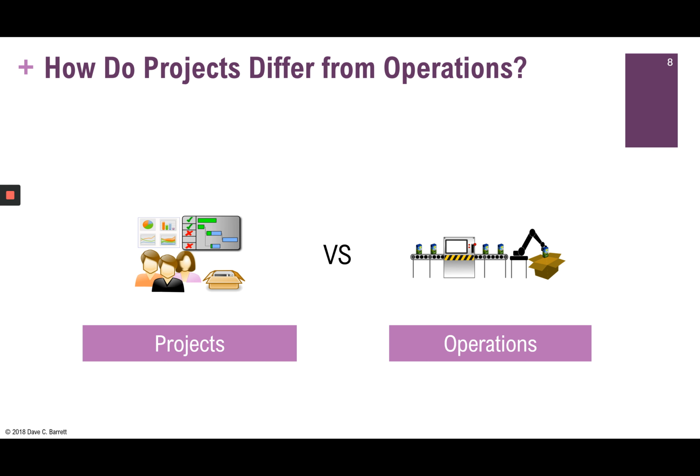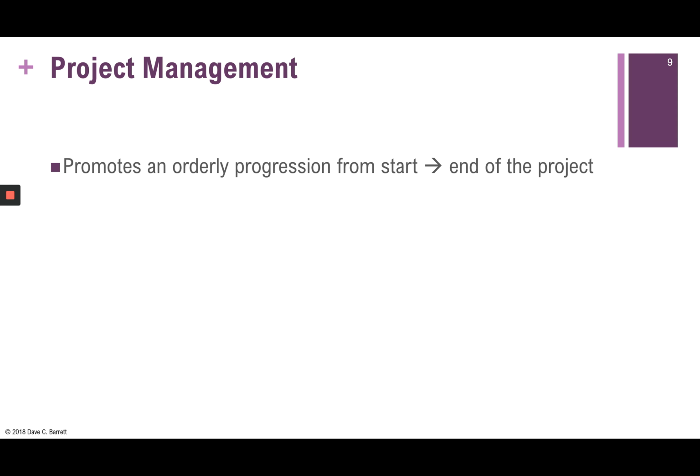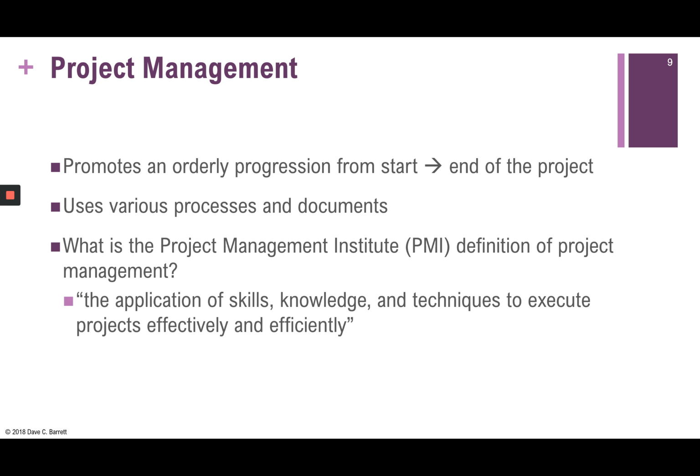We're going to be looking at the way that projects are managed. Project management promotes an orderly progression from the start to the end of the project. It uses various processes and documents. This course is filled with processes, and it has lots of documents. Now, the PMI definition of project management, it is the application of skills, knowledge, and techniques to execute projects effectively and efficiently.